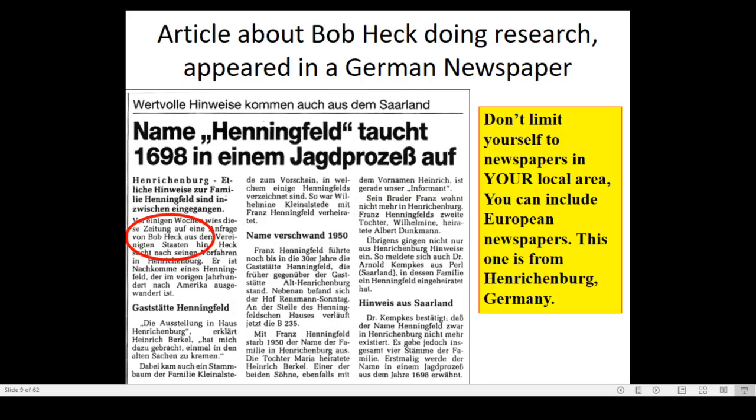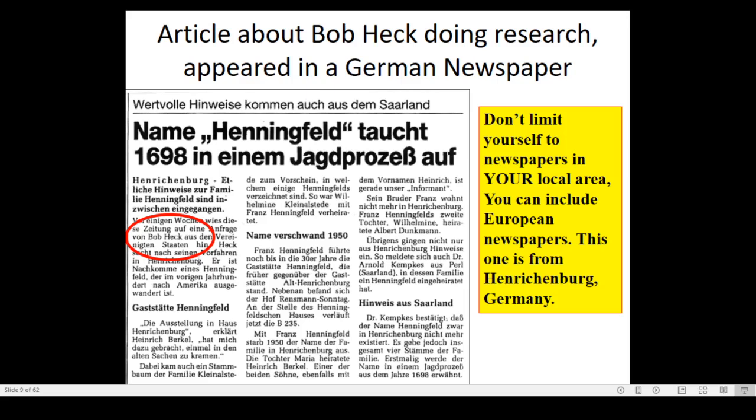Here's another one. Here's an article about me in a German newspaper. And you can see circled there is my name, Bob Heck. It's an article about me doing research, and it appeared in a German newspaper. So what I'm telling you is don't limit yourself to U.S. newspapers. You can research German, Polish, Czech, many, many different countries.